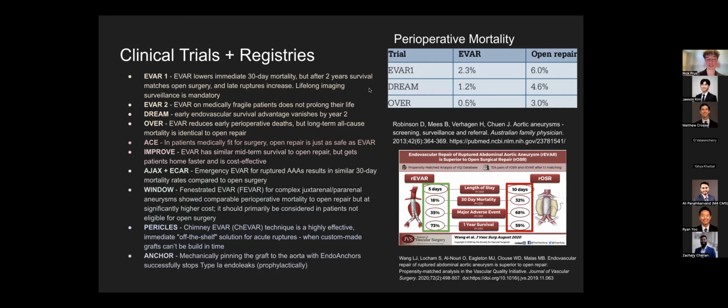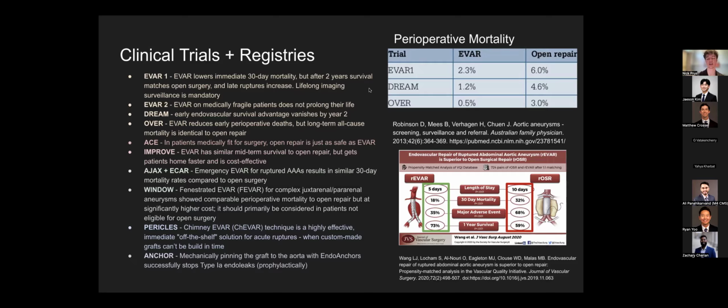And then PERICLES evaluated the chimney EVAR technique, and it was highly effective for acute ruptures. So chimney EVAR involves one aortic graft and also individual grafts into the different visceral arteries.